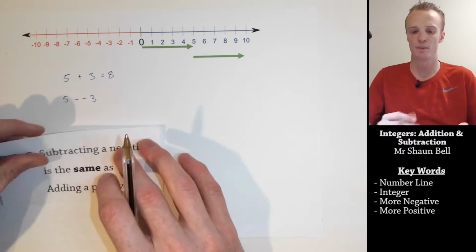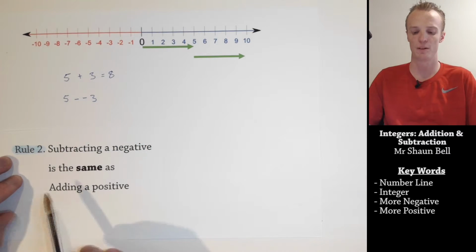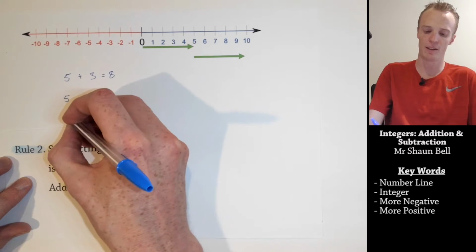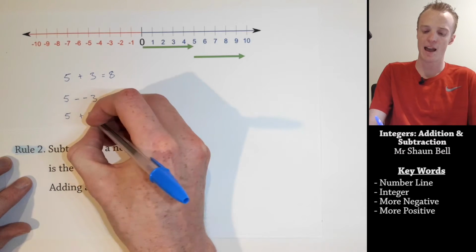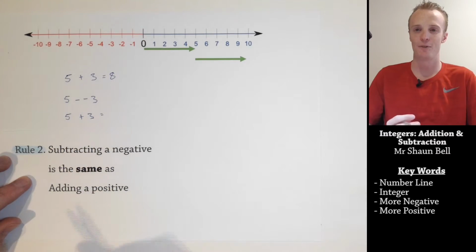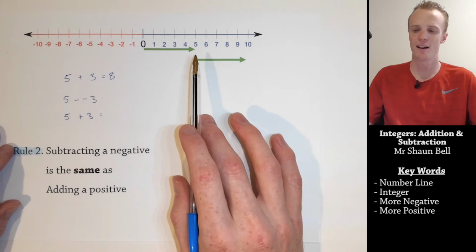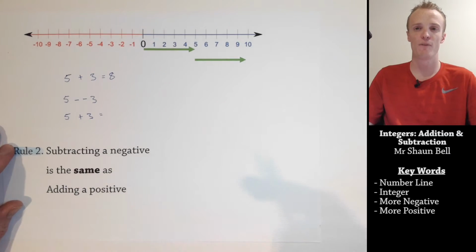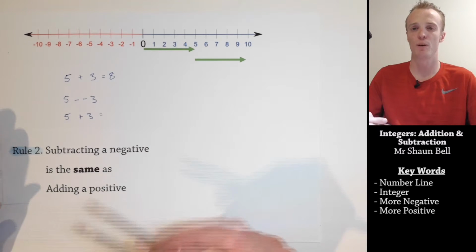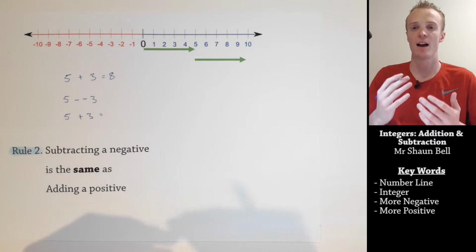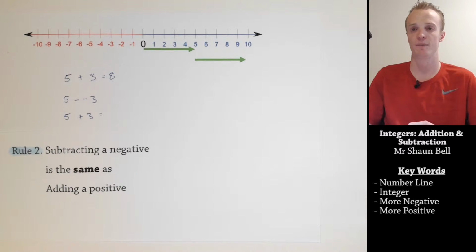Now to solve this problem, we would need to have a look at rule number 2 that says subtracting a negative is the same as adding a positive. We can rewrite this as 5 add 3, which will bring us to the same problem that we started with. Now, in these types of problems, we're starting in the positive region, and the values are always becoming more positive. What that means is the solutions that we can expect are going to be positive.